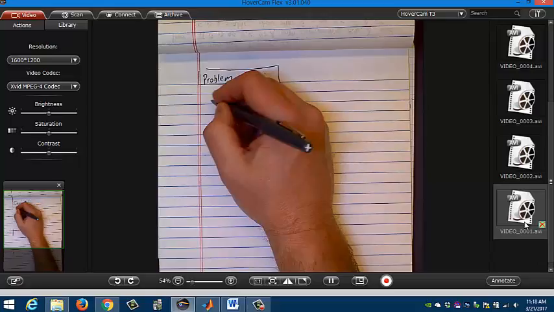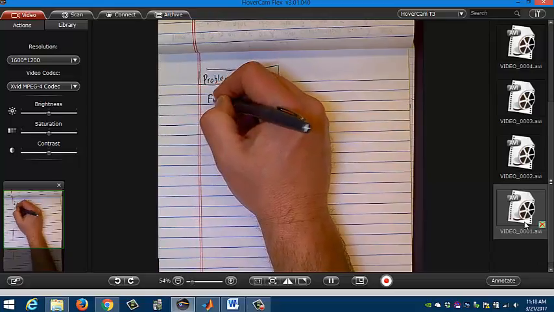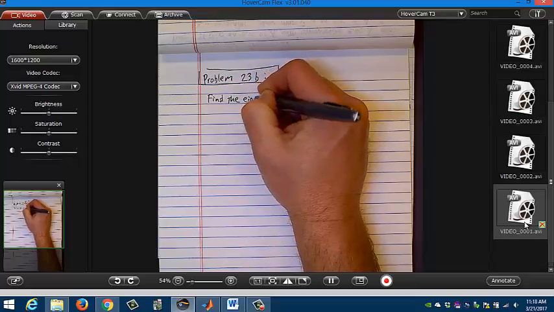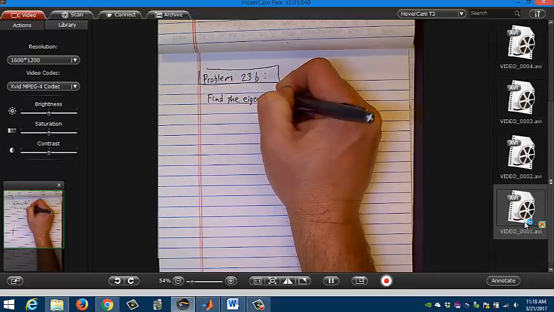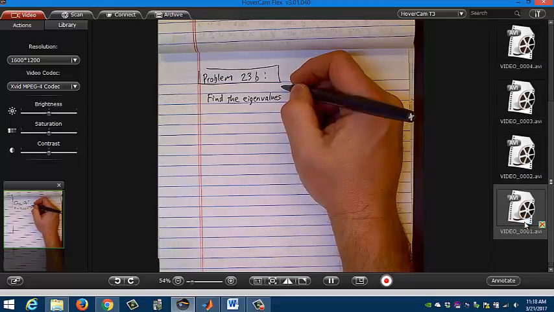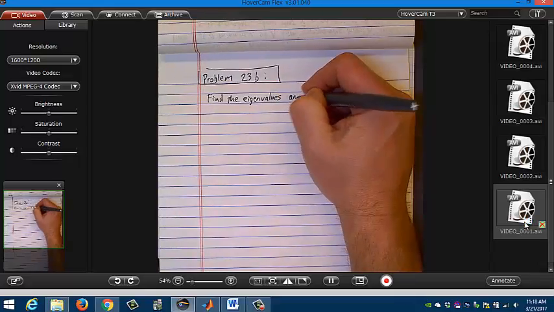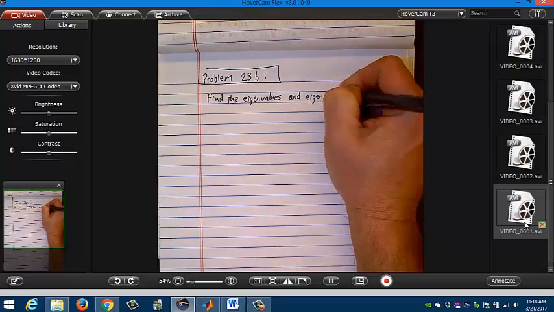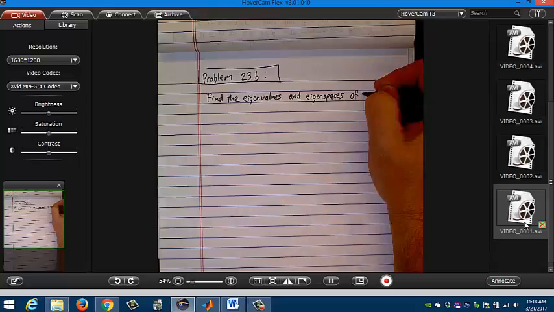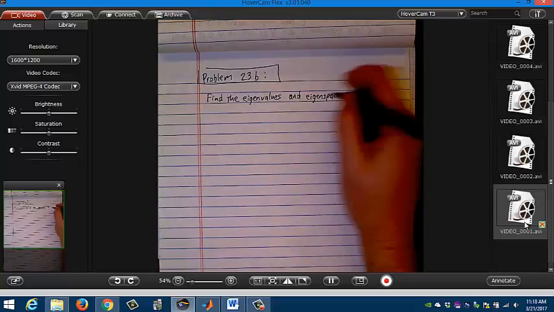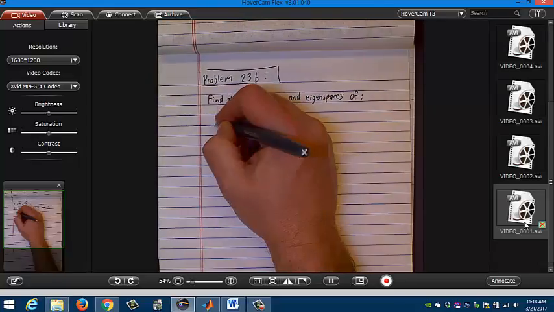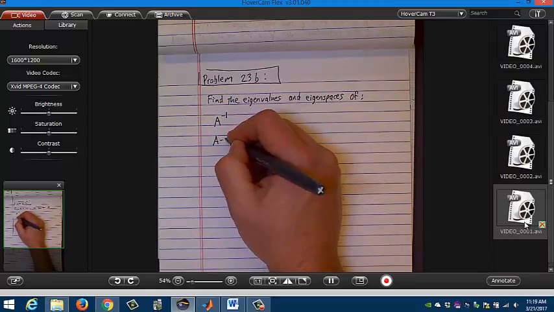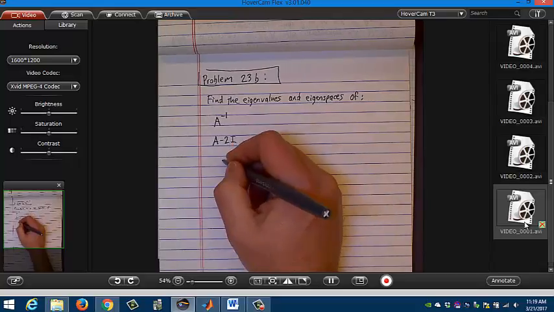So it says find the eigenvalues. Oh, I think that theorem is just all about determinants. Find the eigenvalues and eigenspaces of, here they are, A, A minus 2I, and A plus 2I.